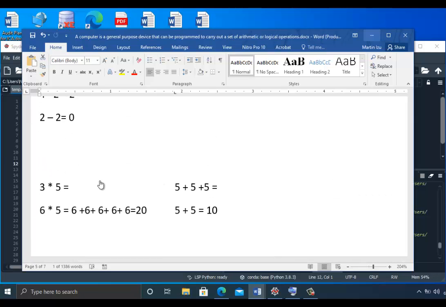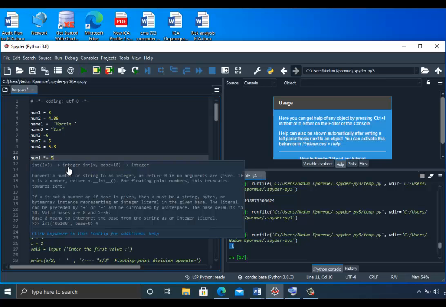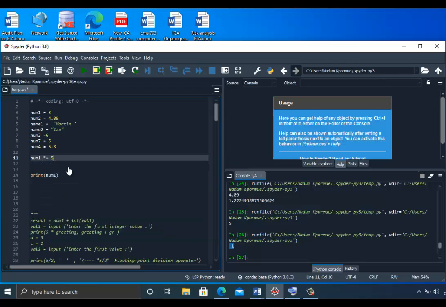If we change num1 to 3, so we could see another, and we change this value to 5, let's see what it is going to evaluate to. The result will be 15. So this is another way of writing 3 times 5.